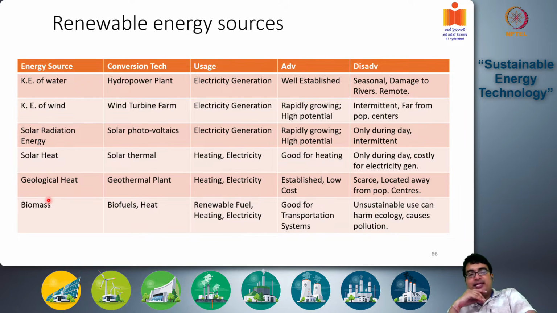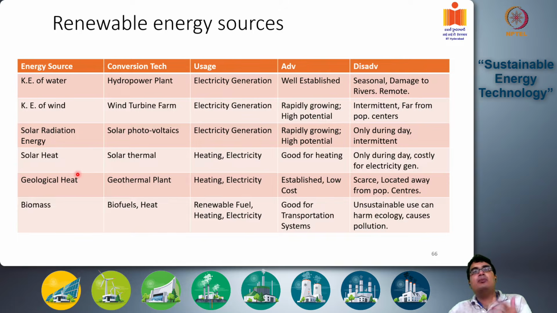There is another way to get heat, which is geological heat source. So geothermal power plants. It can directly do heating as well as electricity. The hot water sources in mountains through geothermal systems, that kind of heat systems can be used where there is a significant source of subterranean heat, subterranean water vapor, hot rocks, etc. It's an established technology.